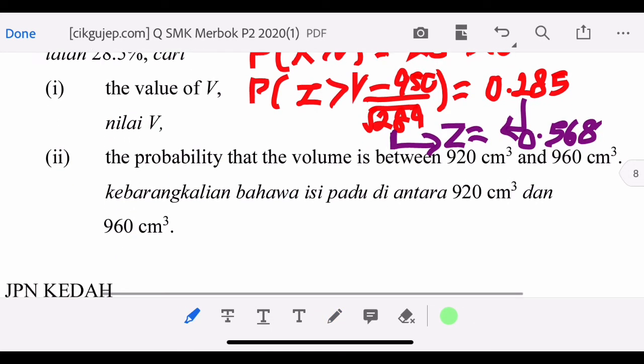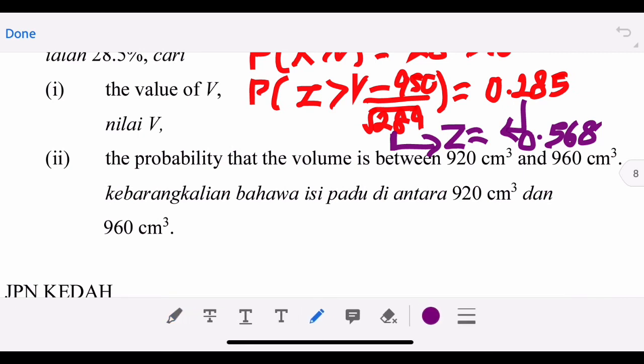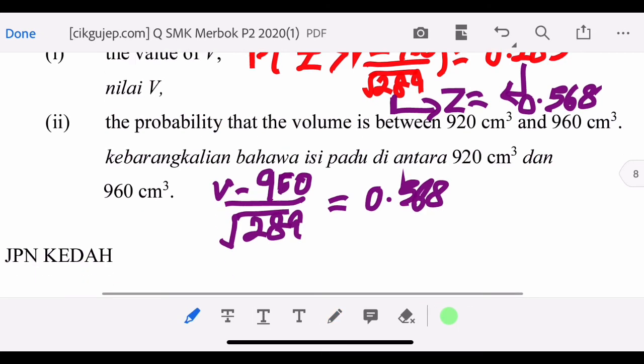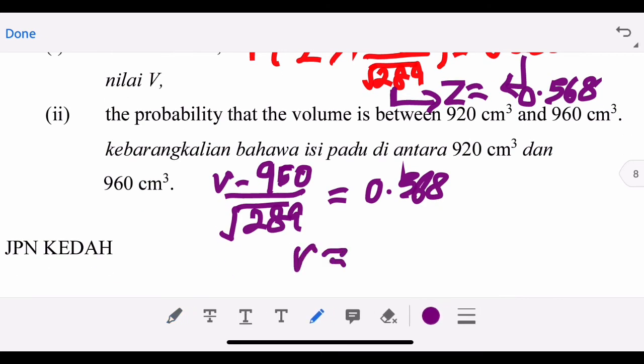Alright, but the calculator that you use, the new one, is actually left-sided, so you need to be very careful. So now if you read the distribution table, you'll get the z-score. Okay, is actually 0.568. So then you just equate with the z, which is v minus 950 over square root of 289.